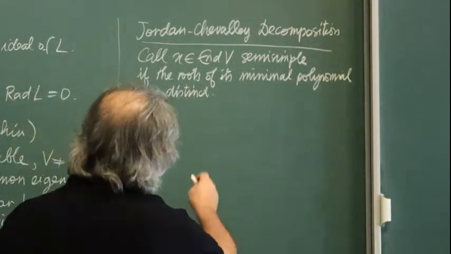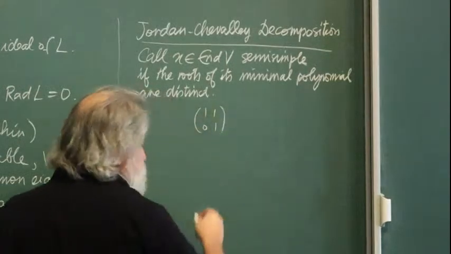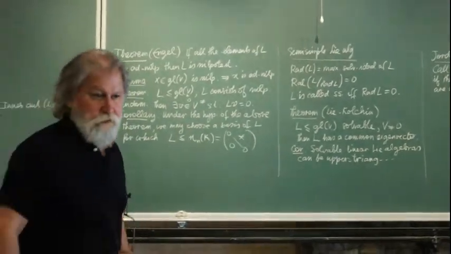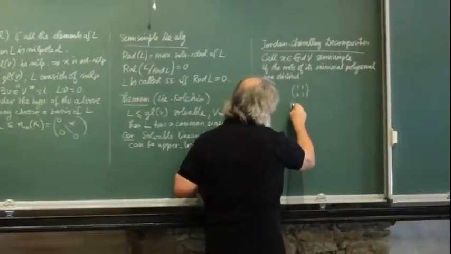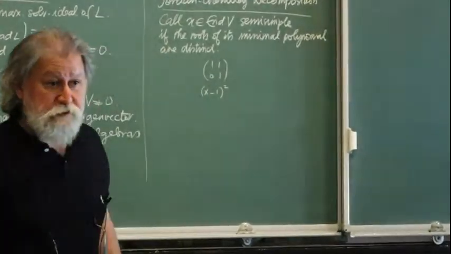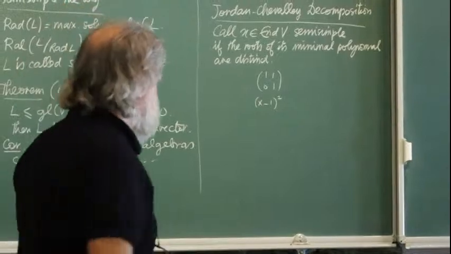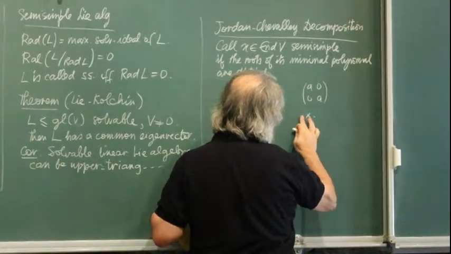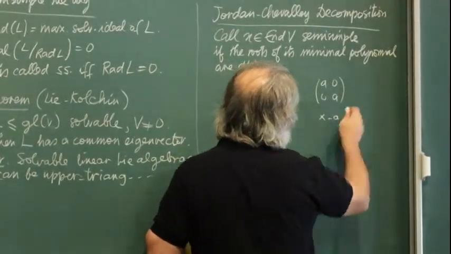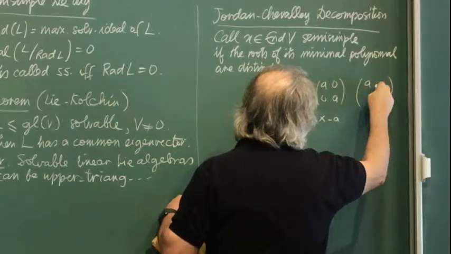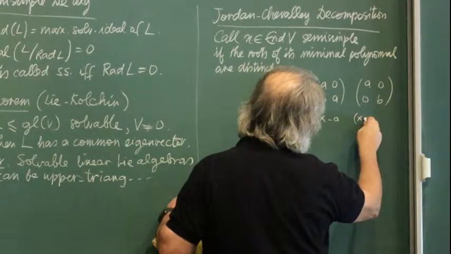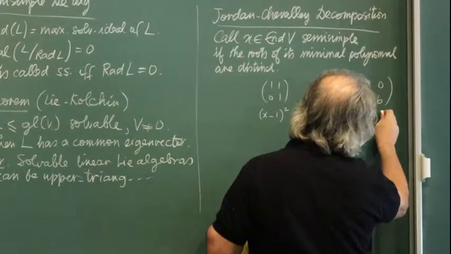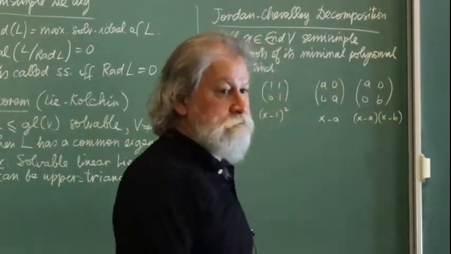For example, this one is not semi-simple because its minimal polynomial is (x minus 1) squared, and it has a repeated root. But this one has minimal polynomial x minus a, so x minus a is equal to 0. And this one has (x minus a) times (x minus b), right?